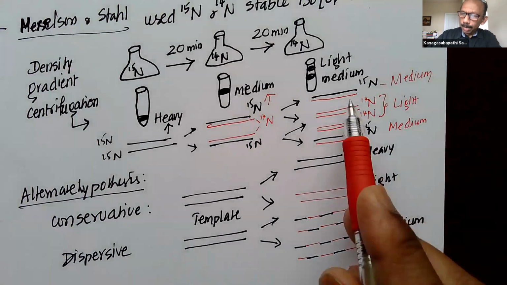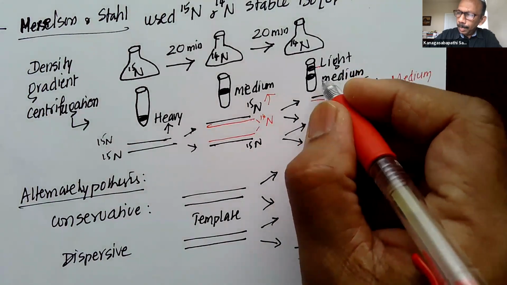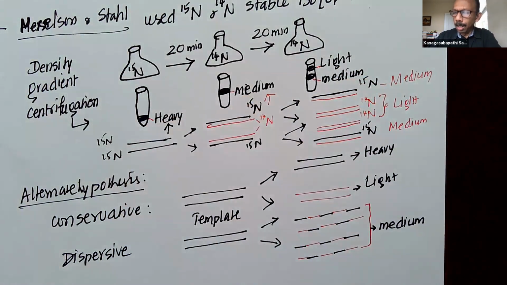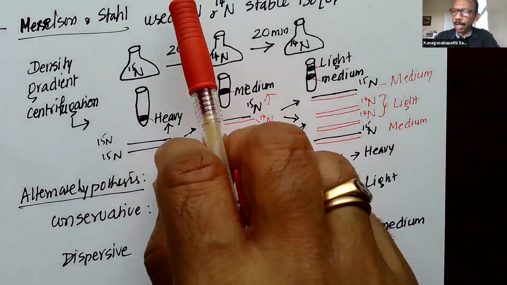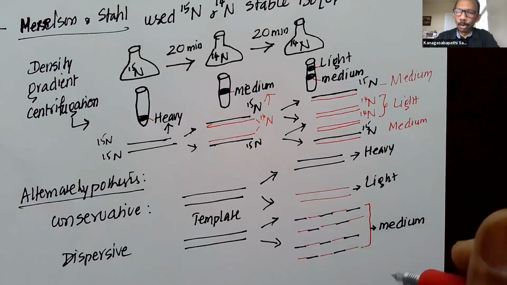But they did not see medium. They saw a light band and a medium band. That is how they disproved that this is a dispersive mode. So the idea of this whole experiment is to prove that DNA replication is semi-conservative, and that's the whole experiment.